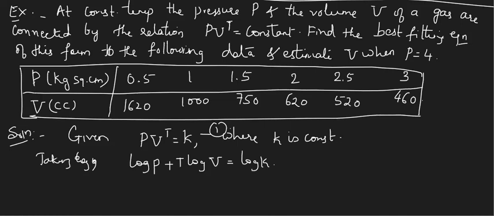We'll try to keep it in a straight line format. In our straight line format, we have it like y equal to ax plus b. Okay. So tell me among these two terms, which is to be shifted on the other side? Obviously, T log V has to be shifted.